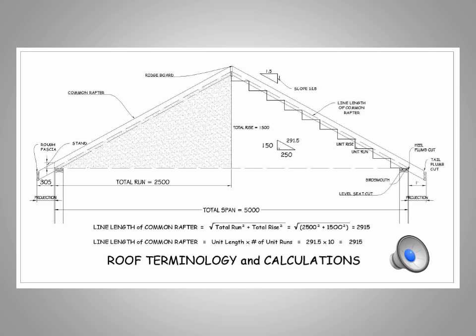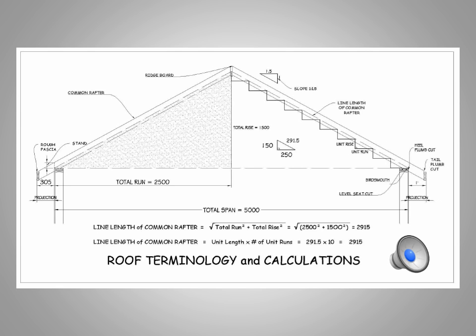The total run then is half of that, which is 2,500 millimeters. Simply by inspection, looking at the relationship between the big triangle and the small triangle, we see that the big triangle is 10 times bigger than the small triangle, which means the total rise would be 10 times 150, which gives us 1,500.